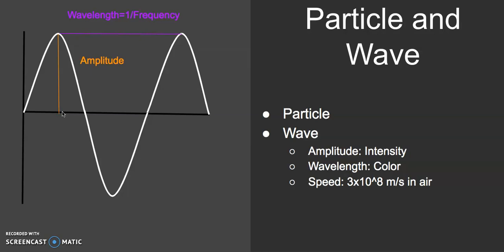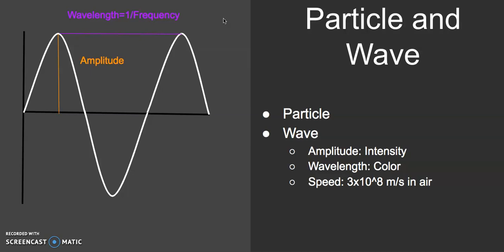And then we have wavelength, which is the inverse of frequency, which is the color that we see. So long wavelengths correlate to colors like red, and shorter wavelengths and higher frequencies correlate to colors like purple.